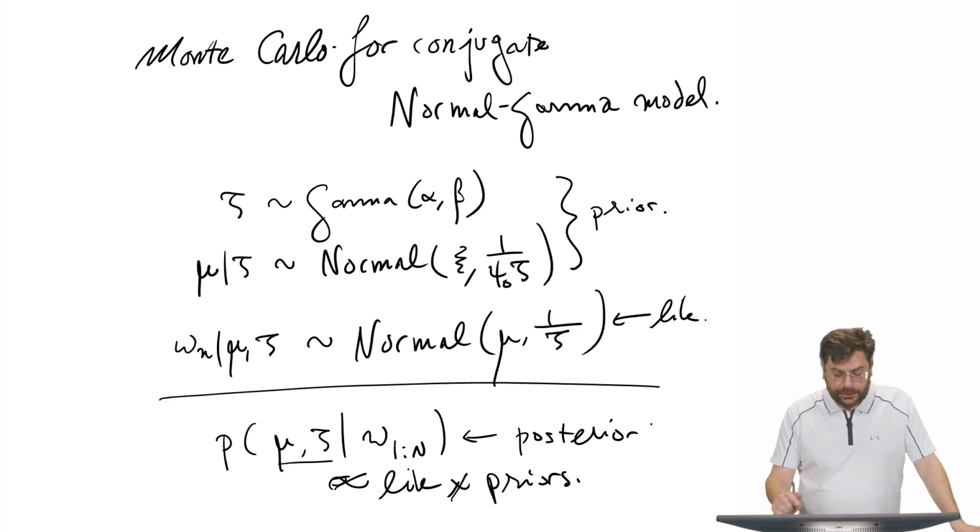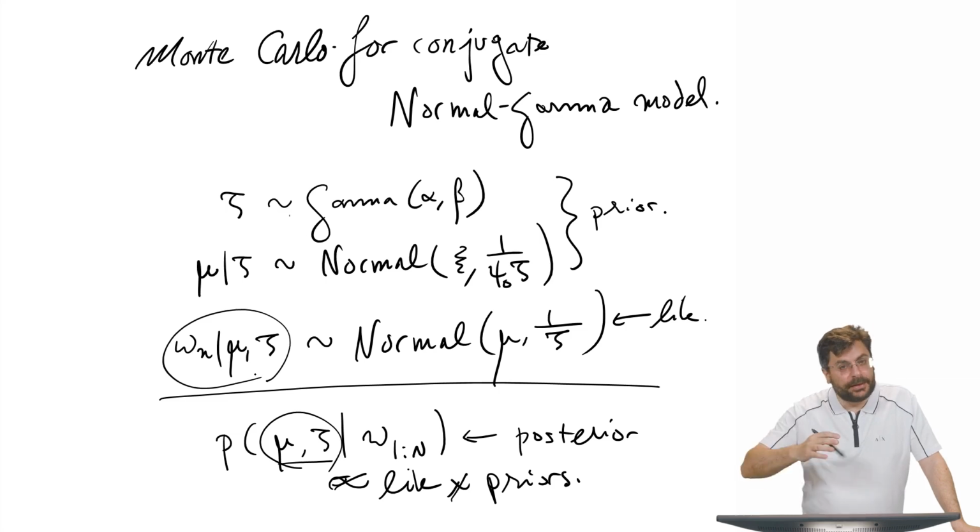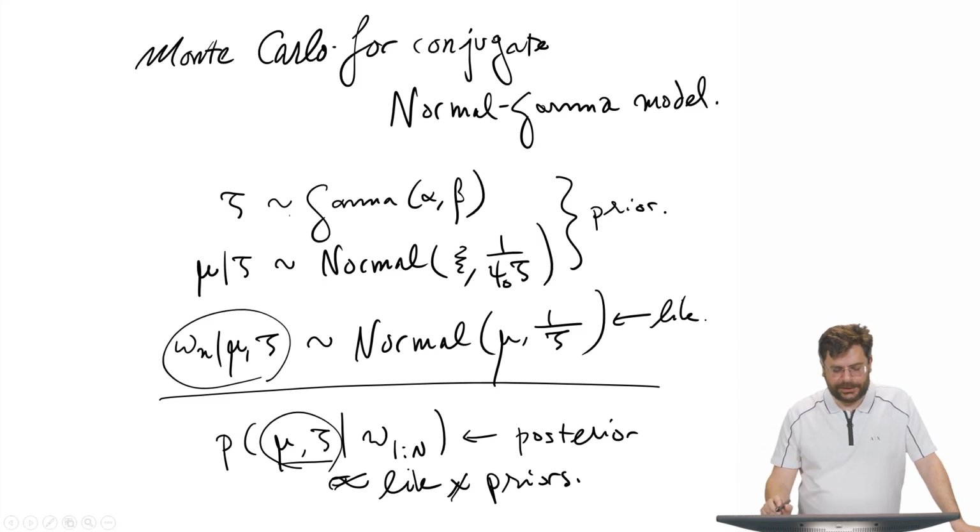So if my goal is to draw samples from this posterior, how do I do it? Well, this example is cooked up a little bit, and if you multiply these out, the two priors plus the n probability distributions for n data points, you will obtain a posterior from which you can draw analytical samples.